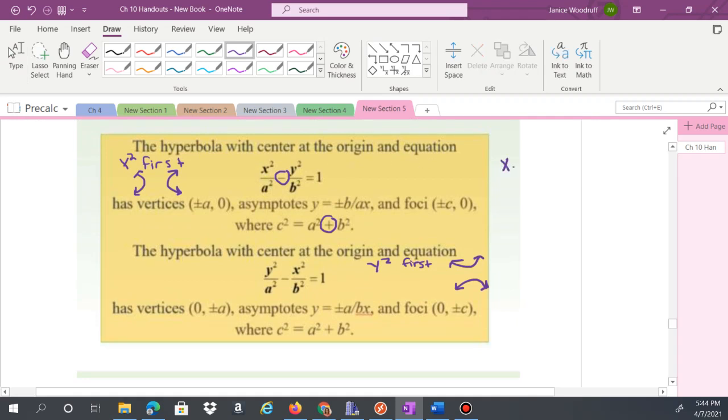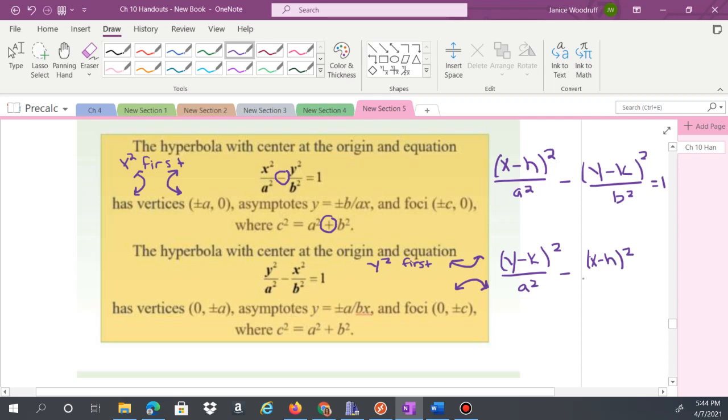So you would have x minus h squared over a squared minus y minus k squared over b squared equals 1. Okay, asymptote equation is the same. And then here, y minus k squared over a squared, and then x minus h squared over b squared equals 1. So we're just adding that h and k in there.